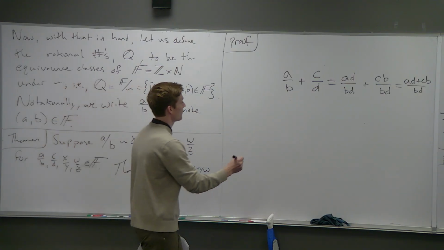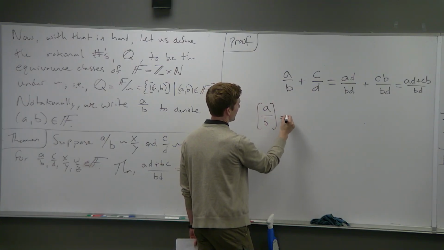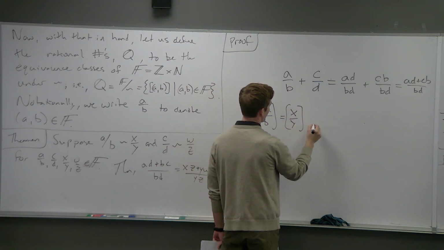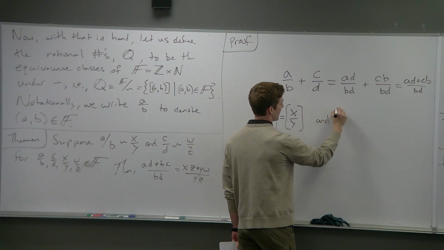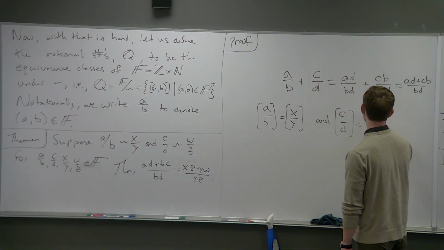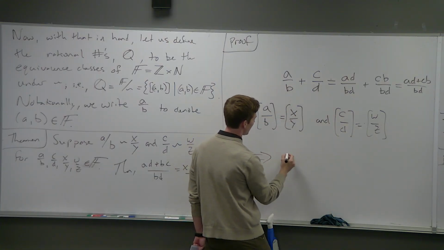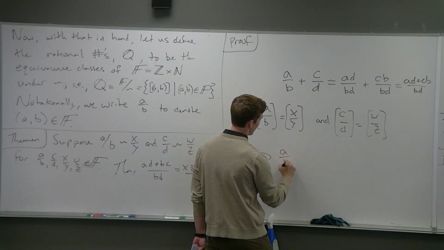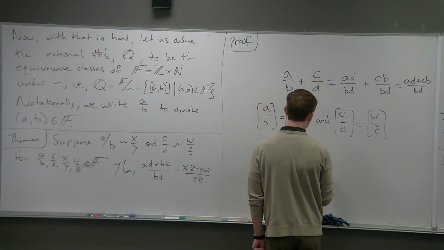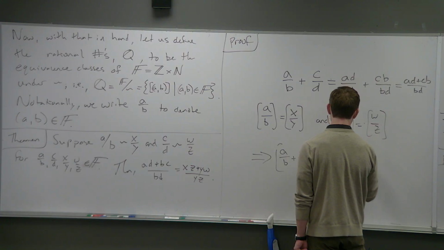That is, if the equivalence class of A over B is the same as the equivalence class of X over Y, and the equivalence class of C over D is the same as the equivalence class of W over Z, does this imply that the equivalence class of A over B plus C over D is the same as that of X over Y plus W over Z?